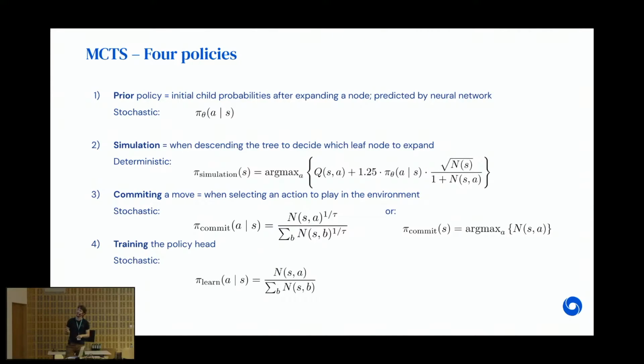The stochastic one is you pick proportionally to the visit counts with some temperature, or you deterministically just take the action that was visited the most. So that's the committing policy or the acting policy. And then finally, there is the policy which is the training label for the policy head. That's the policy that you want to mimic when you train the neural network. And that's just the policy where you are proportional to the visit counts. So these are the four different policies.